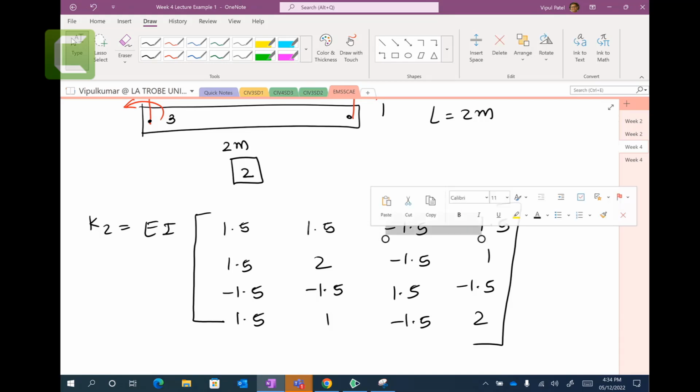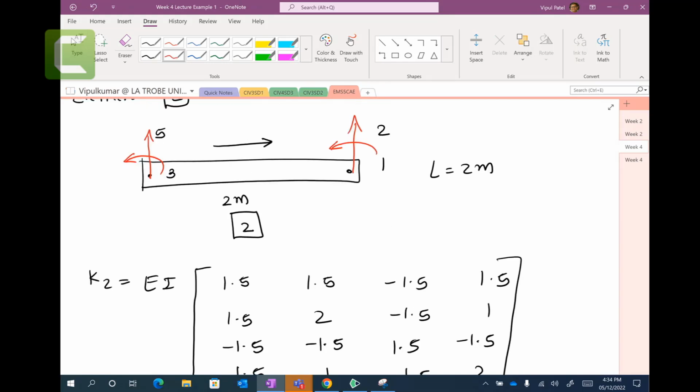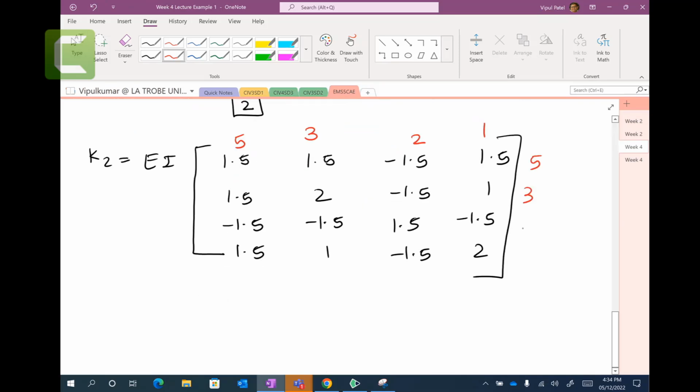Right, and in here our matrix would be vertical first, near node, because this is your near node based on this tail and head. So vertical is 5, rotation is 3. Vertical is 2, rotation is 1. So 5, 3, 2, 1. Okay, that is your element number 2.